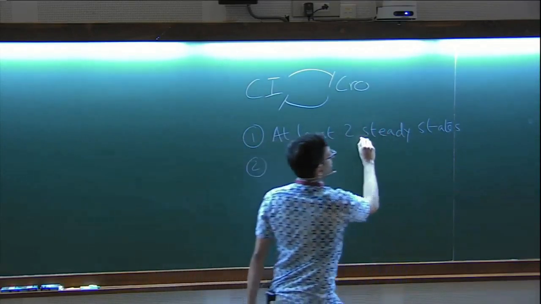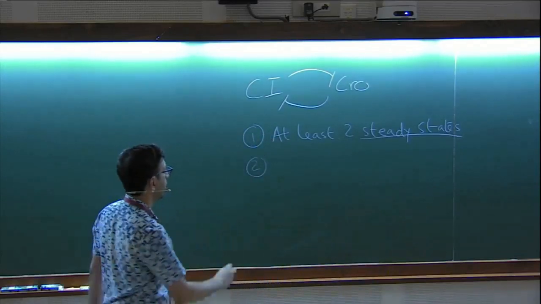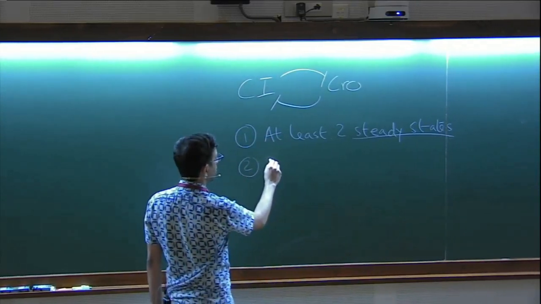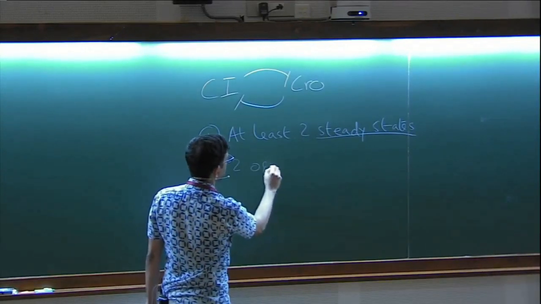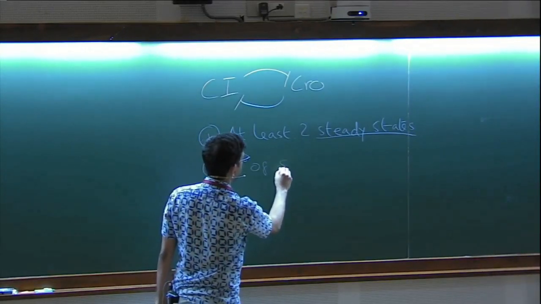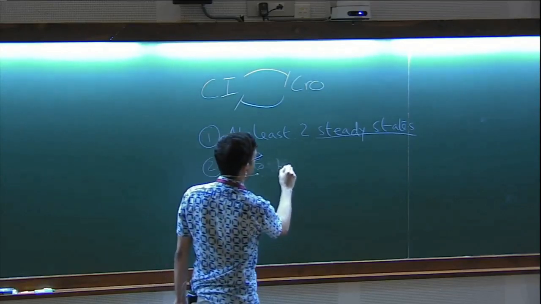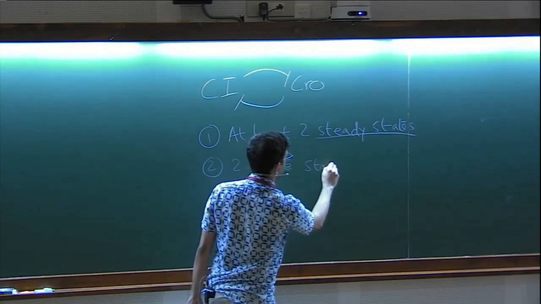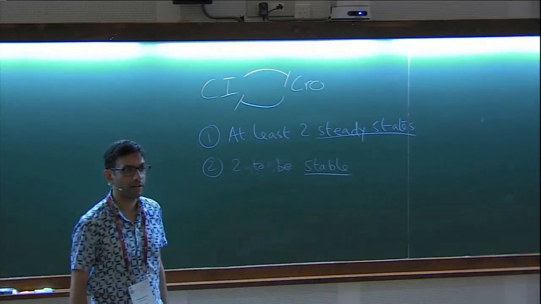And I will define to you what I mean by a steady state in a minute. And you want two of those, if we're talking about bistability, to be stable. And we need to define stability also. So both are notions that we need to define.